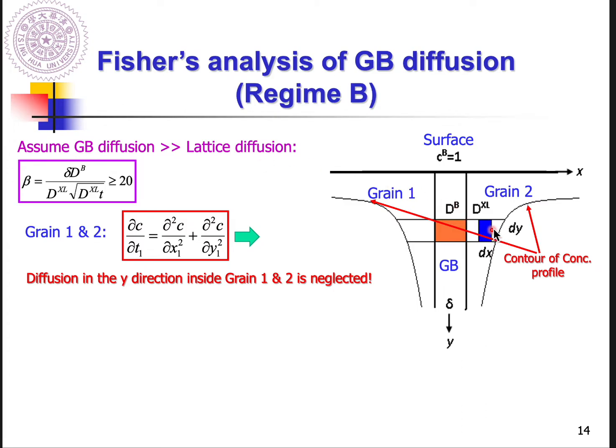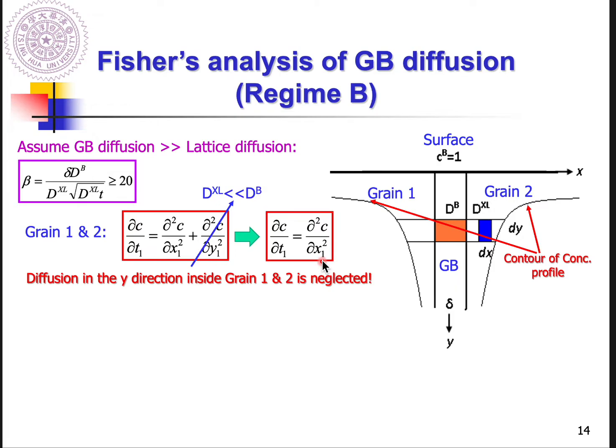So you can consider that the diffusing atoms at this location mainly come from the grain boundary, because this is fast, right? It is a fast and severe diffusion source and diffuses into this location. But this one is very slow, right? So the contribution along the y-axis is quite small, so you can ignore this. So it becomes the diffusion equation you're familiar with, with one parameter, x1.